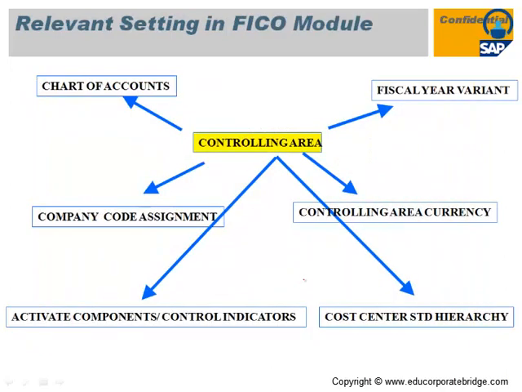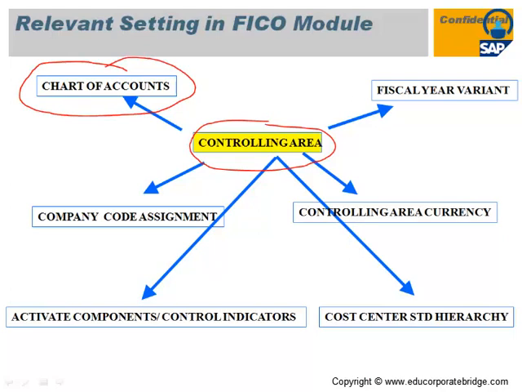These are some related settings which need to be done in the FICO module. To run cost planning, the controlling area is maintained in FICO, and the chart of accounts is linked with the FICO module. For the fiscal year in which you want to do the planning, the fiscal year variant needs to be maintained in the system, again in the FICO module.